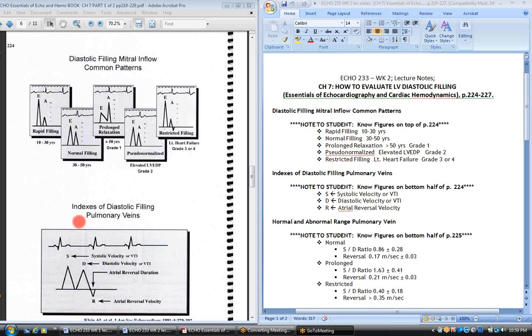Down at the bottom, you have your indices of diastolic filling with your pulmonary veins. Again, you have your S, your D, and your R. Be aware of what an S, D, and R in a normal patient looks like.